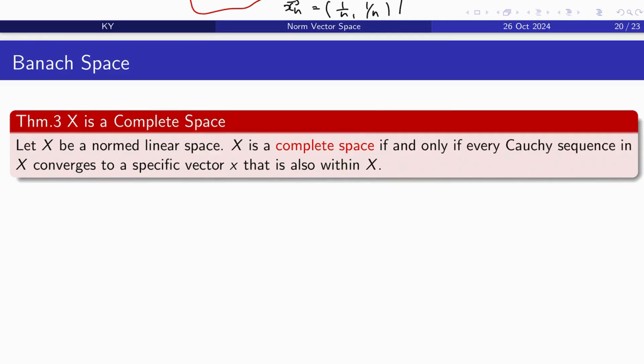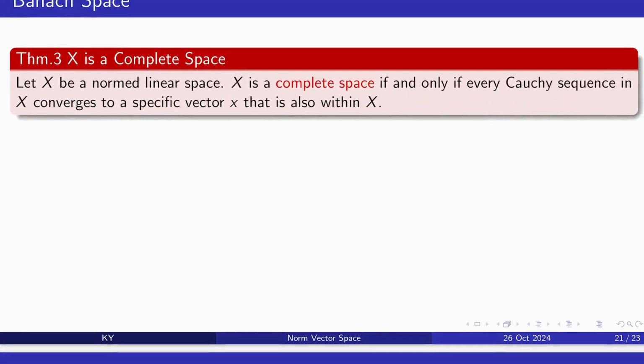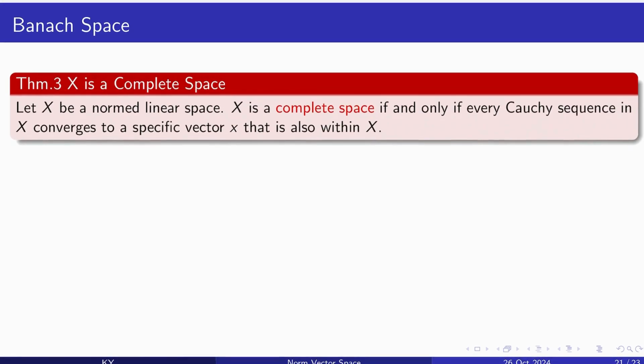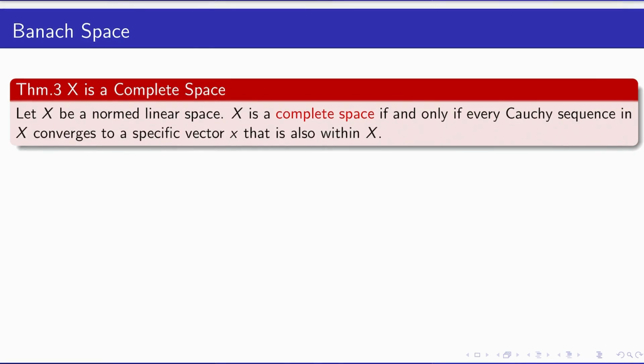Then the third one, theorem 3, basically says that a normed linear space is a complete space.